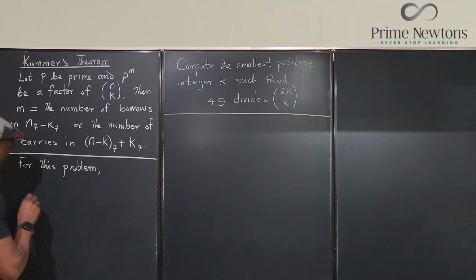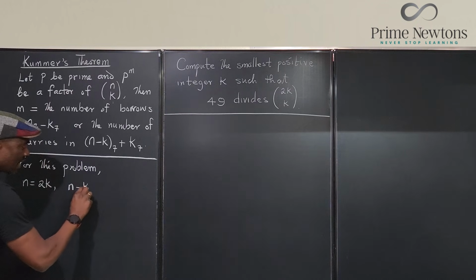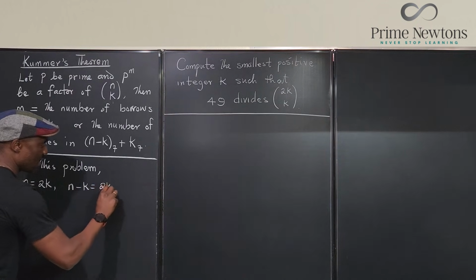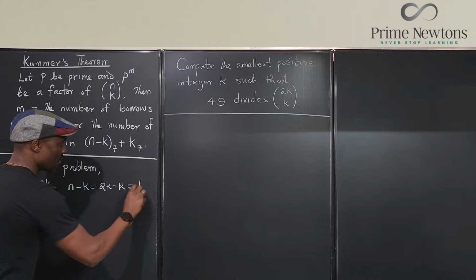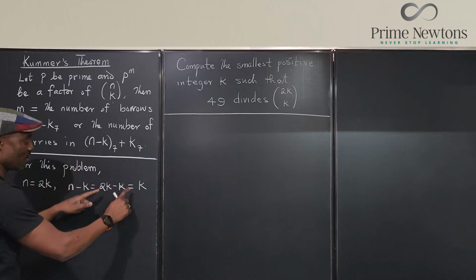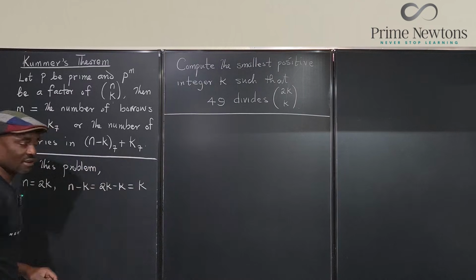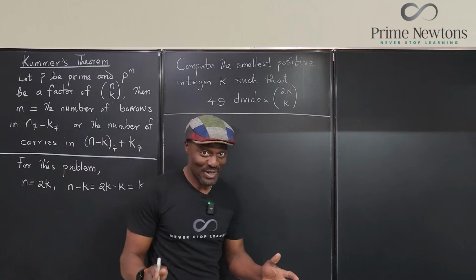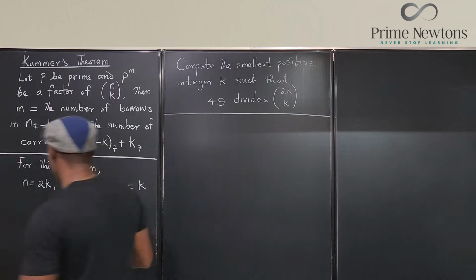We have our n equals 2k, so that n minus k equals 2k minus k, which is equal to k. So the two parts of what I just wrote here would be k and k. That's the first thing you want to take care of. Also, what is our p?